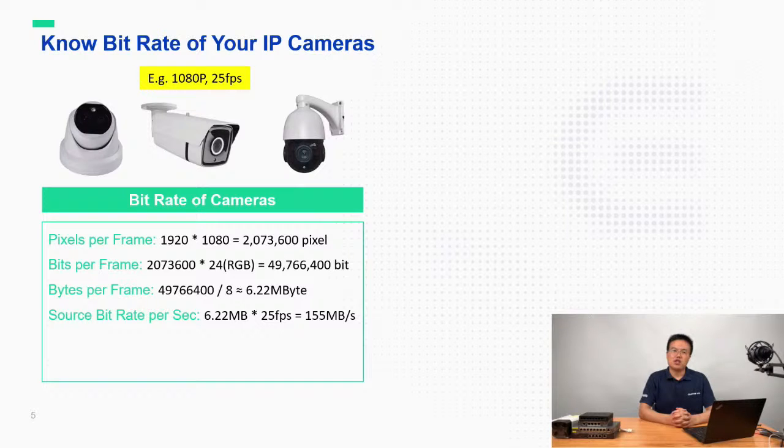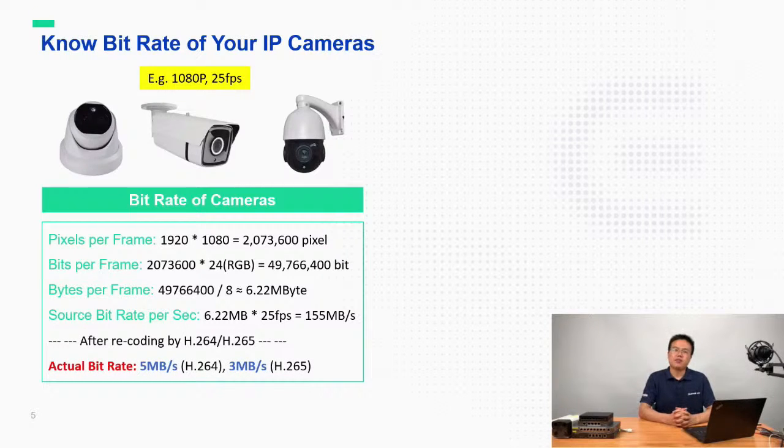So the source bit rate per second is around 155 megabytes per second. If the CCTV system transmits the source bit rate of the video, it will be very large, so it must use some encoding technology to compress the videos.